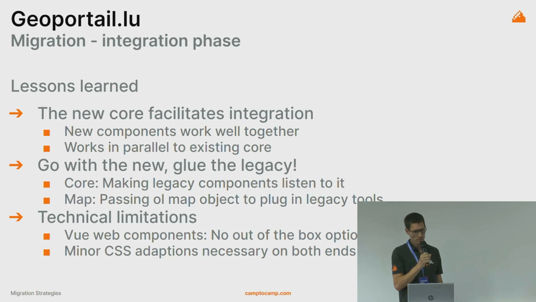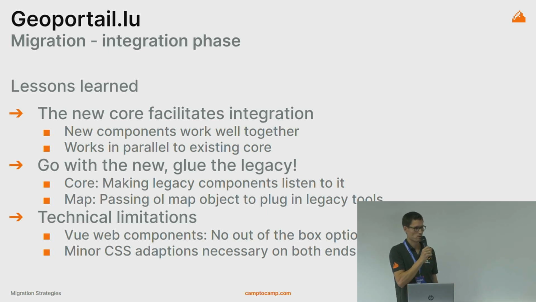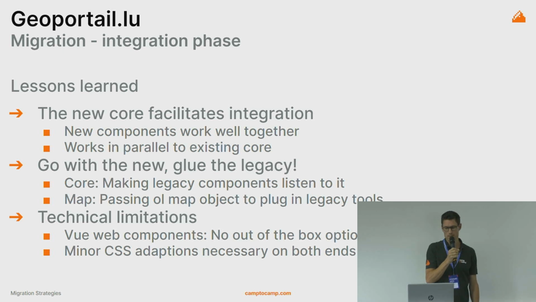Then go with the new, glue the legacy. I said this because at various points we had to make the decision: do we already take everything new we developed, like the part of the core or the new map, or should we try to plug the new components we've developed, for example, into the old map? But in the end we decided to go for the new parts.